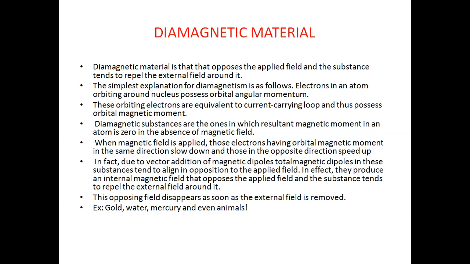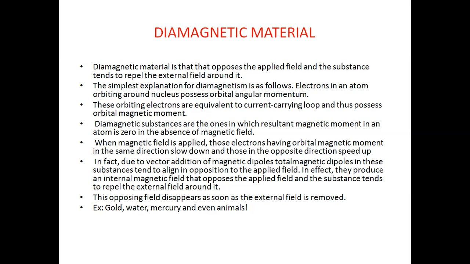But since the two electrons are moving in opposite directions, the dipole moments of these two electrons are also equal and opposite. Therefore, the net dipole moment of the atom in the absence of external magnetic field is zero.